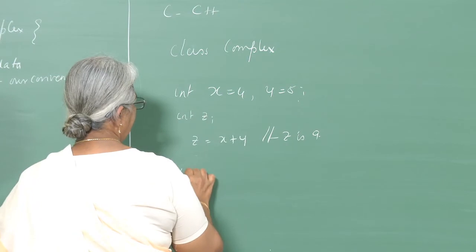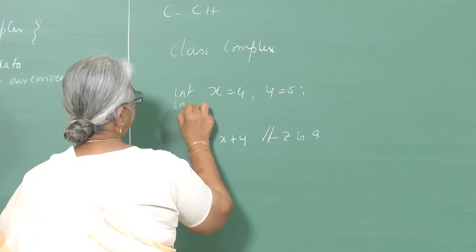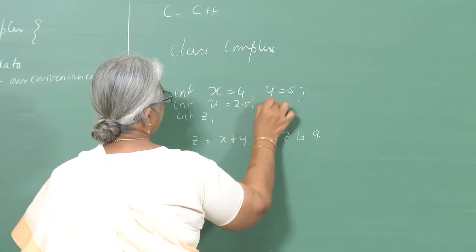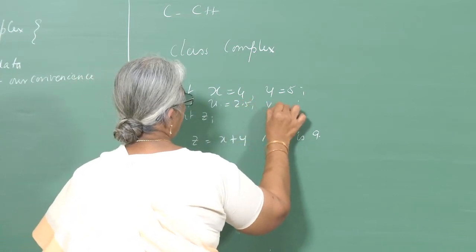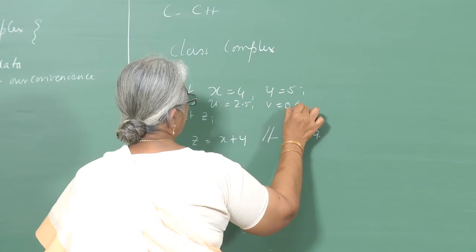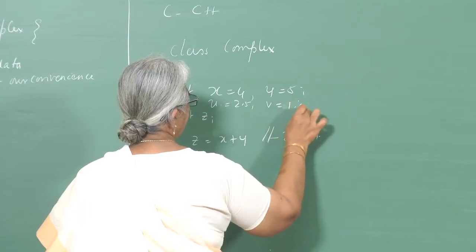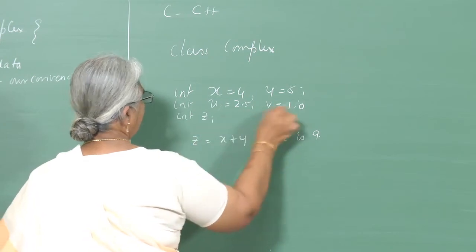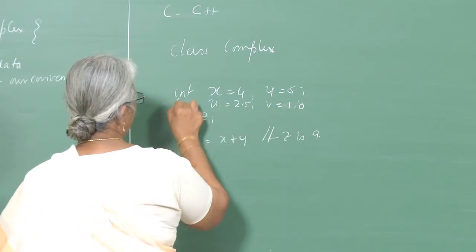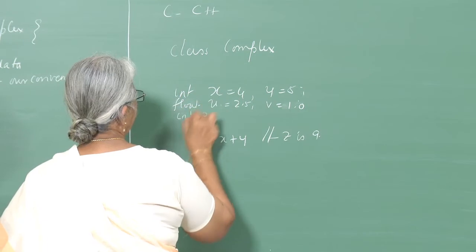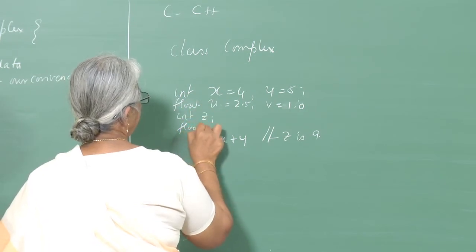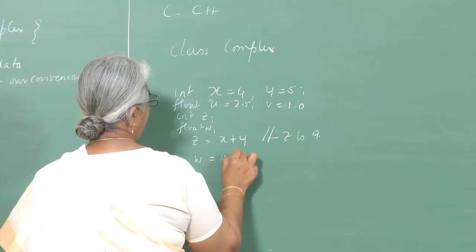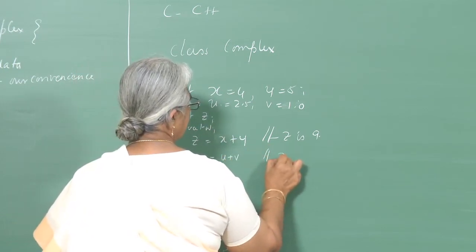Suppose I had float u equal to 2.5 and v equal to 1.0 or something like that, and I had a float w, and I said w is equal to u plus v, then the value that w will hold is 3.5.